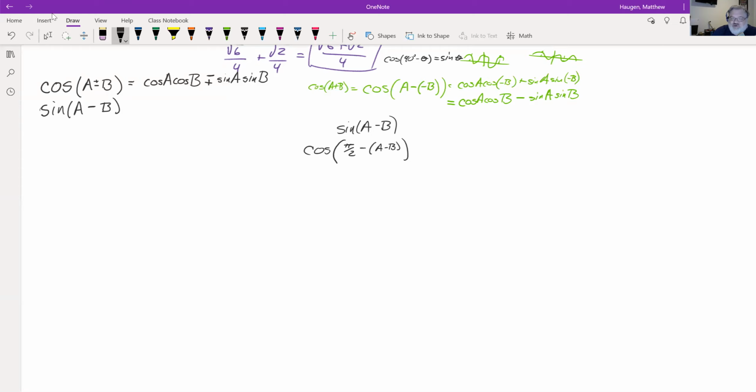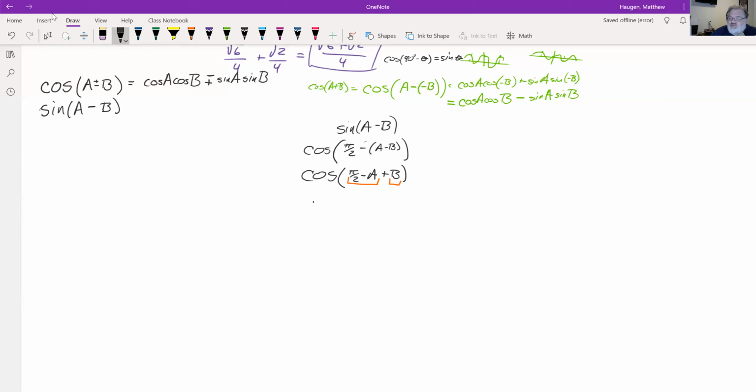And we have cosine arguments for addition and subtraction. I do want to manipulate this a little bit first. Cosine of pi over 2 minus A, distribute that negative, plus B. So I can look at this as cosine of this plus that, and use our cosine tool for adding.